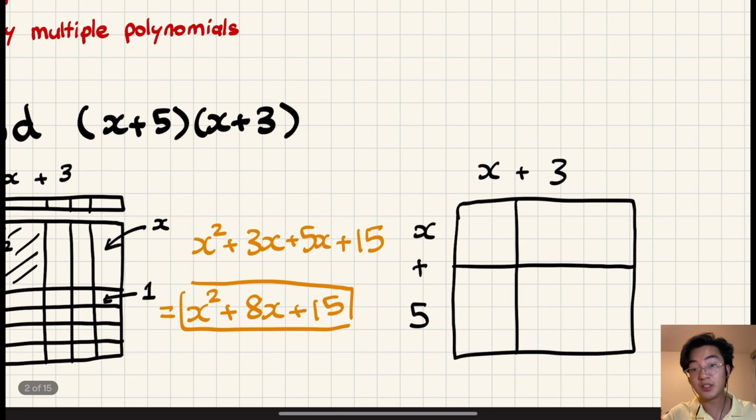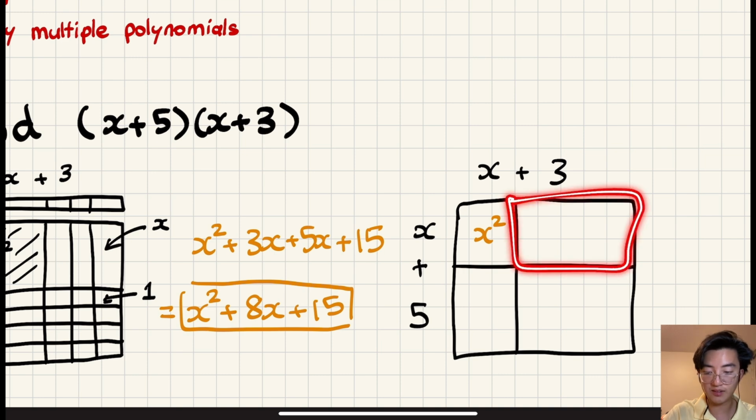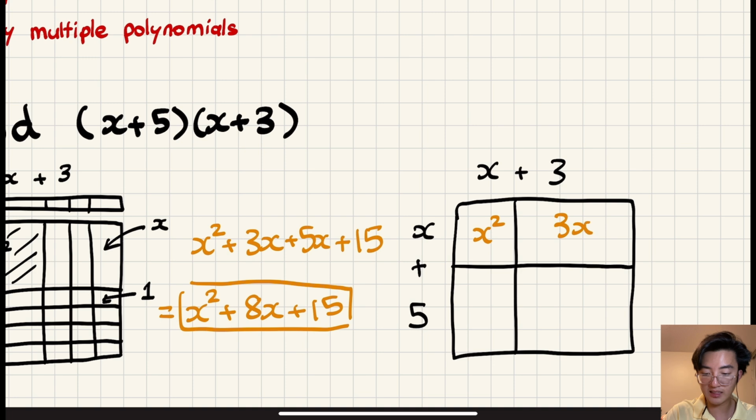Now, to have a simpler diagram, we can use what we call a rectangle model. This is just streamlined algebra tiles. We have x and x here. All we're doing here is multiplying this term by this term. So x times x, we get x squared. In this tile right here, we have 3 times x. That gets us 3x.